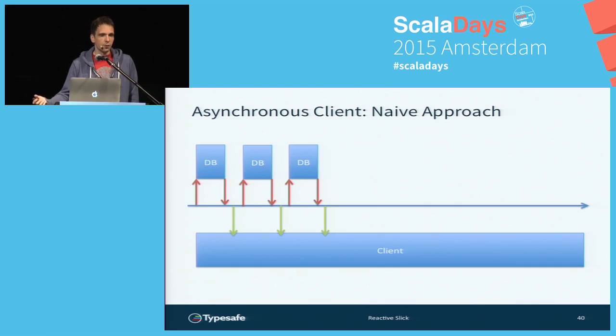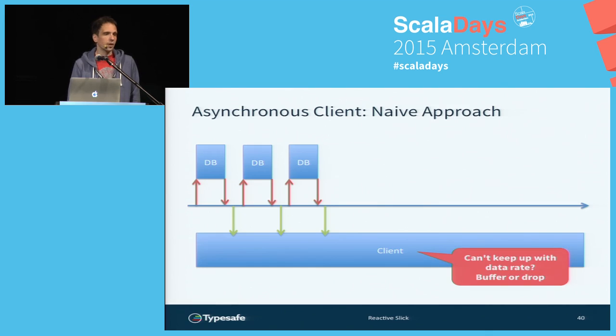Can the client send it fast enough over the network, for example? We have no idea. And there's not much the client can do if it cannot keep up with the data. Either it has to drop data or try to buffer everything. There's no back channel to make us go slower. And that's why we need reactive streams to add this back channel.